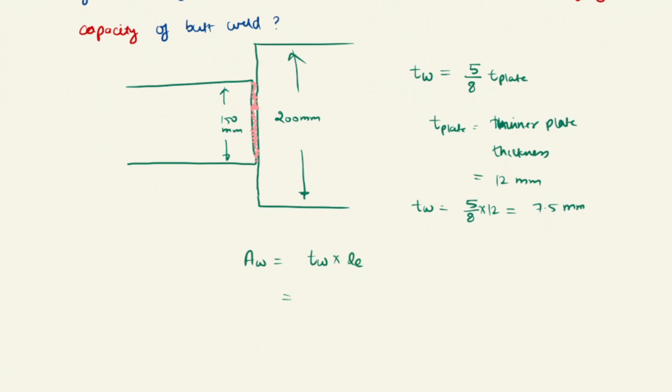So the effective length would be the smaller of the two widths, that is 150 and 200. So the smaller will be 150 mm. So we are going to use 7.5 into 150. So the area of butt weld would be 1125 mm square.